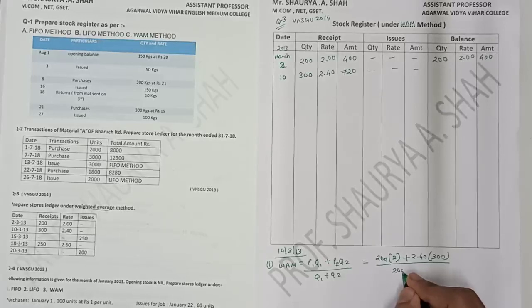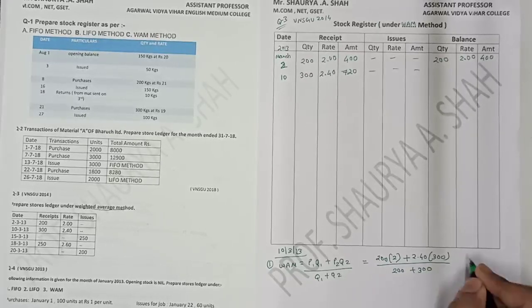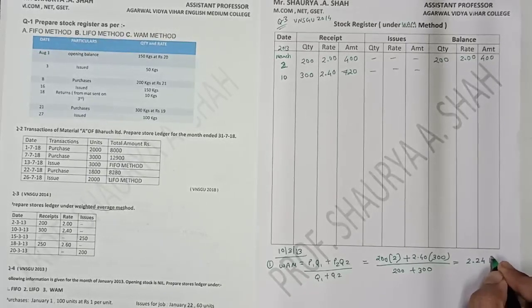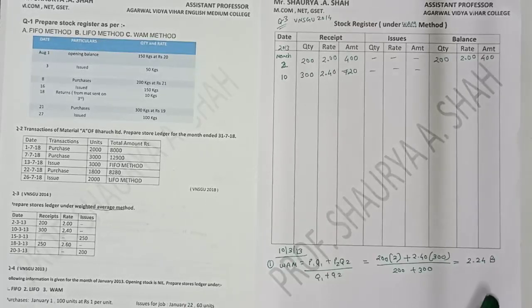So 200 plus 300. When I solve this, 200 into 2, that is 400 plus 720, I am already having it, divided by 500, right? So what you will get, students, is the value of 2.24 rupees. 2.24 rupees is my value, right?